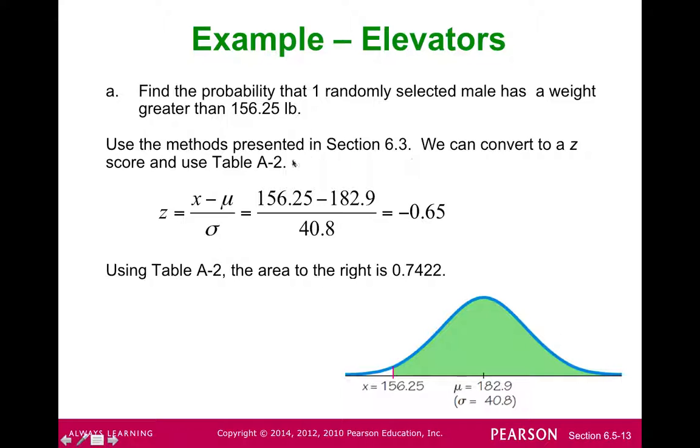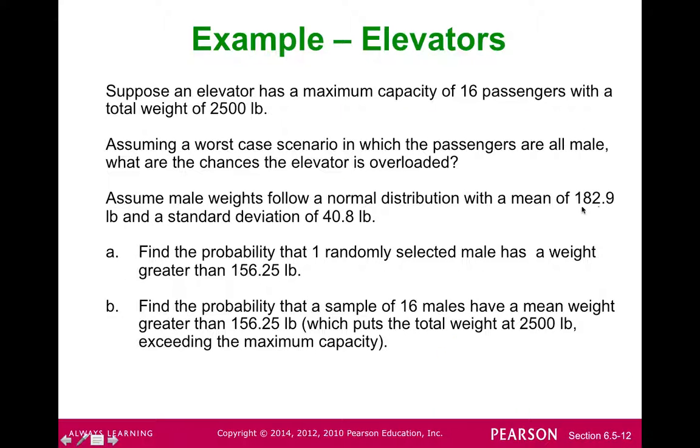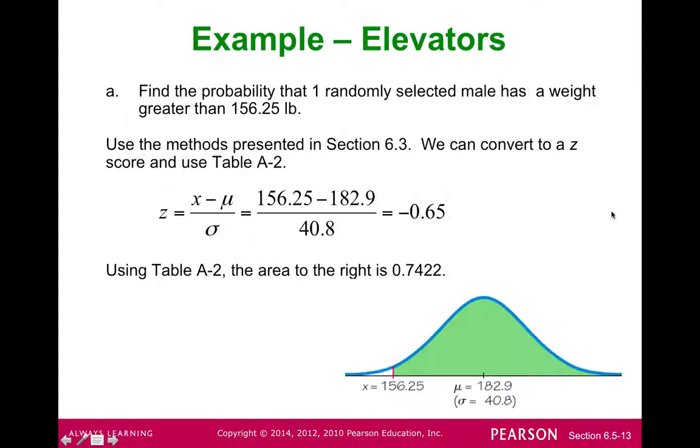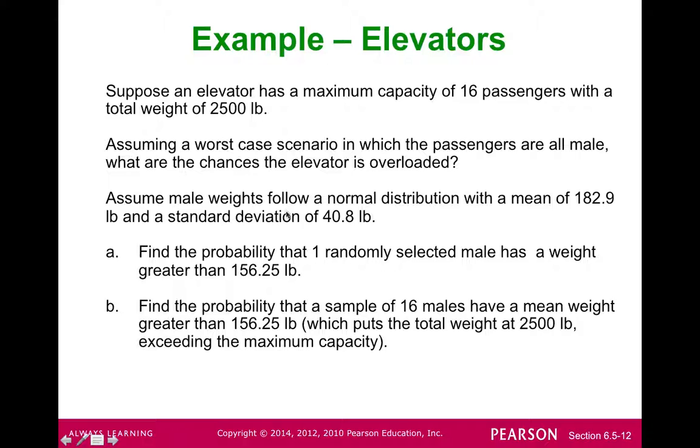So we're going to plug in the information. For this one male, we're told that their X, the benchmark we're comparing it to, is 156.25 minus our mean. If we go back here, we'll see that our mean was given to us as 182.9, divided by our standard deviation that was also given to us in the problem, 40.8 pounds.